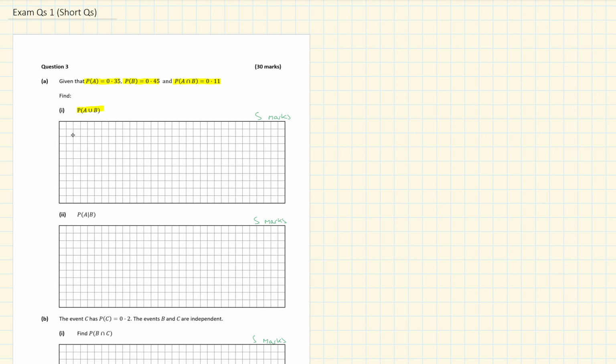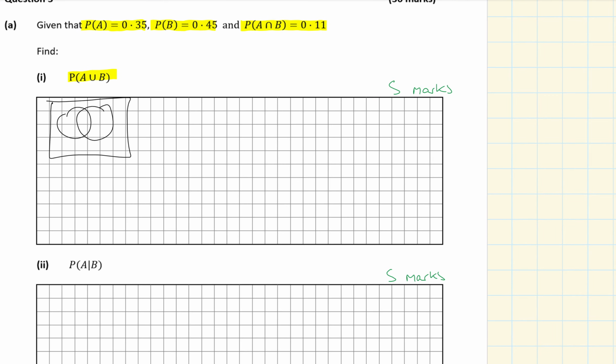So the first thing I'll do is draw a quick Venn diagram. It's the easiest way to display our info. Just a rough sketch, nothing too precise. There's our two sets A and B. Now we just need to account for the intersection. If A is 0.35, and I subtract 0.11 from it, I get 0.24.